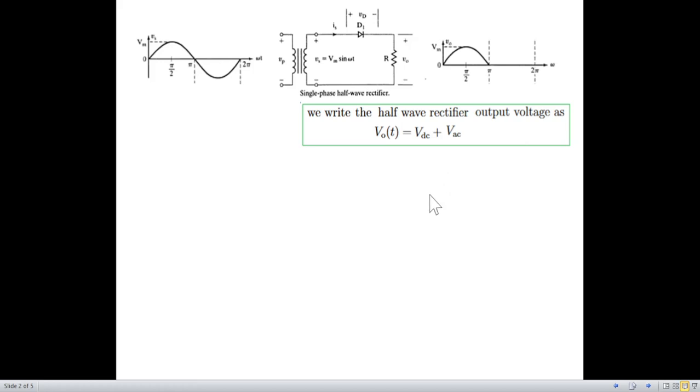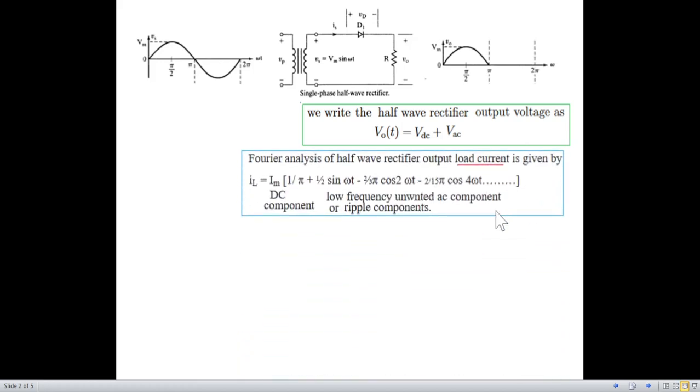So for that, I had to do a little more research, and I finally found this analysis: a Fourier analysis of half-wave rectifier output load current. Now this is voltage and this is current, it doesn't matter as long as we understand. The Fourier analysis of the current says that the load current would consist of this equation, where we have this term not dependent on time.